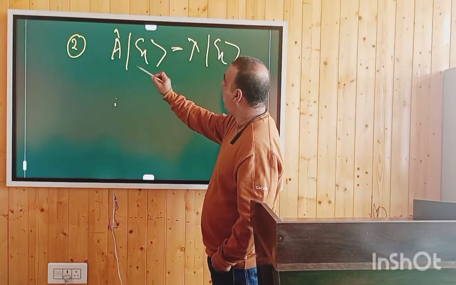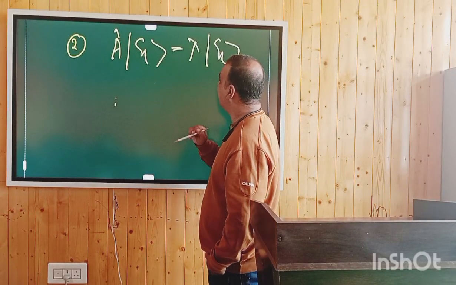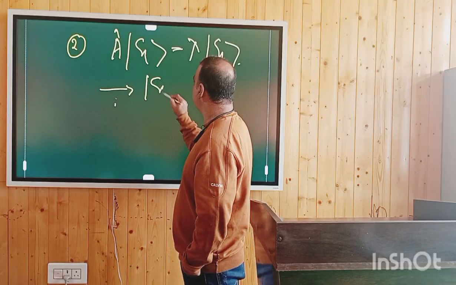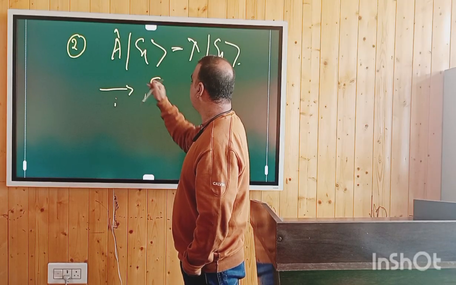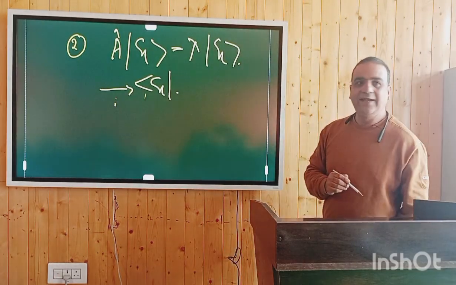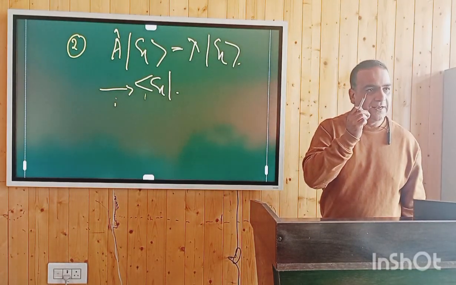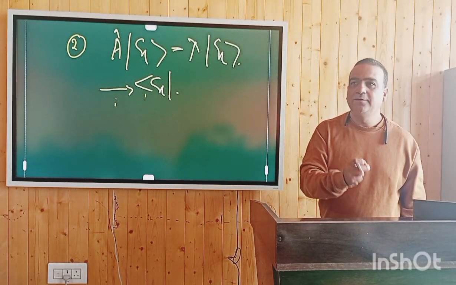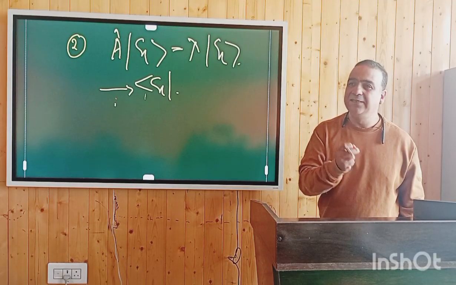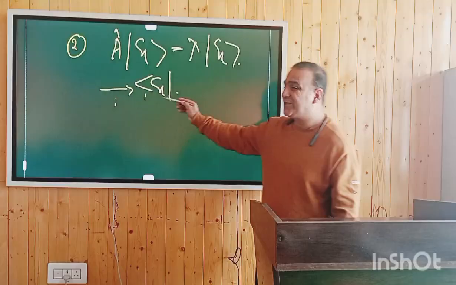So for that, what will I do? I have A acting on zeta. So I will define here the bra of zeta. I define a state vector, a dual Hilbert space vector in the Hilbert space, as the bra zeta.